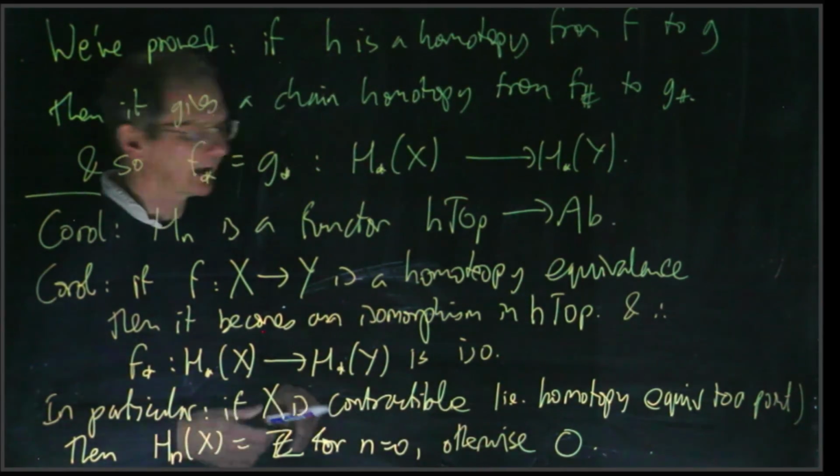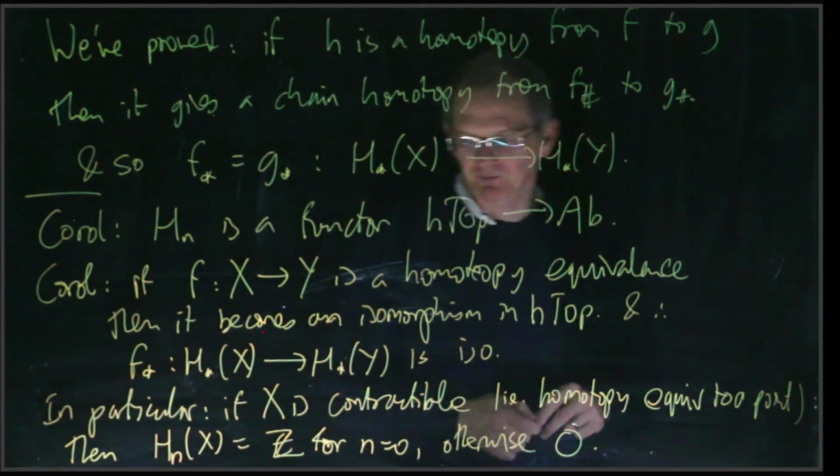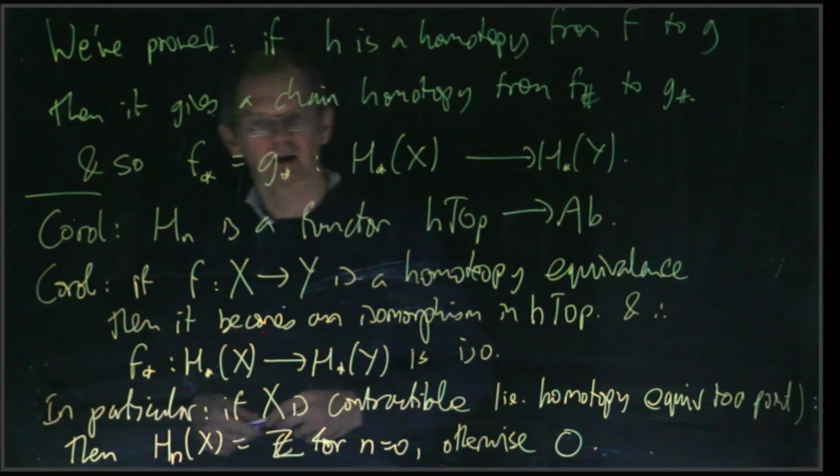And so the nth homology of X is going to be Z for n = 0, and otherwise it's going to be 0.